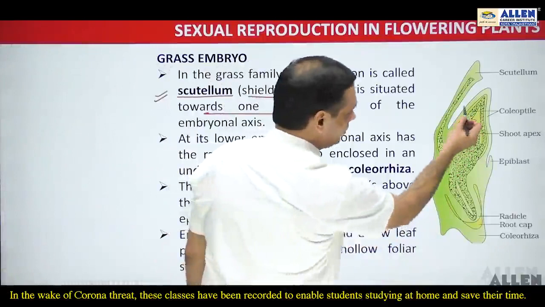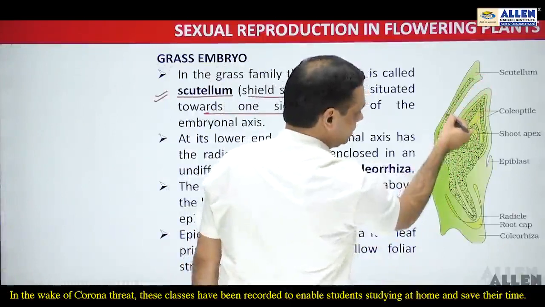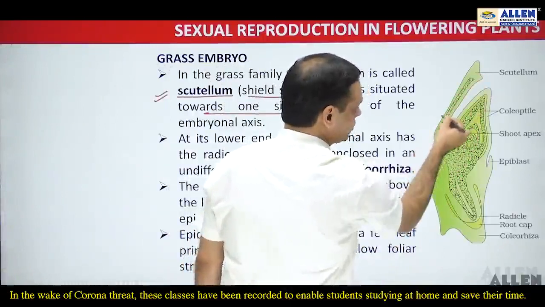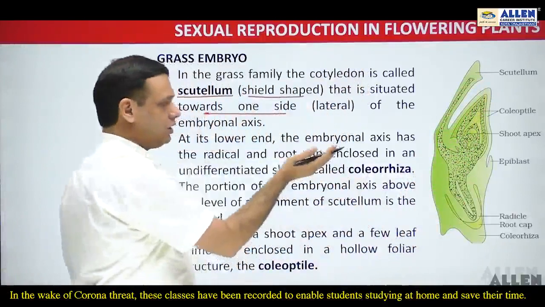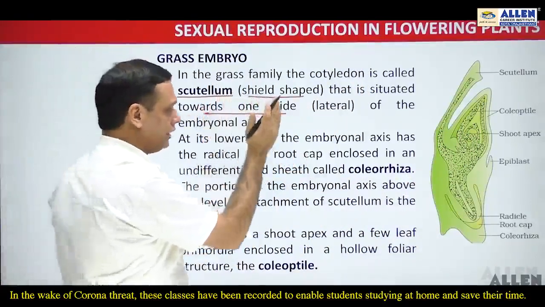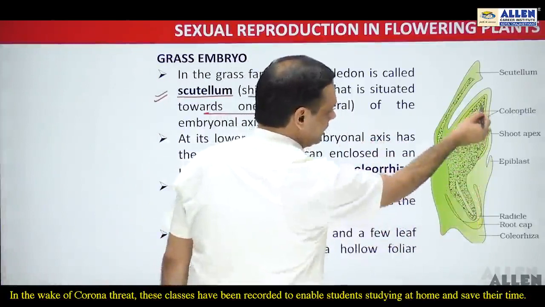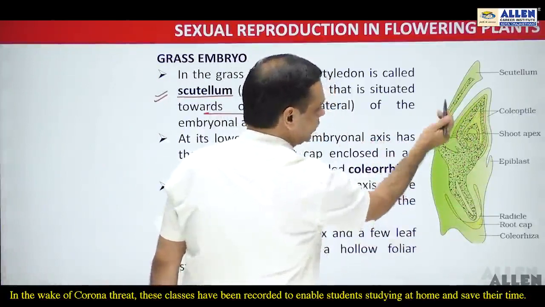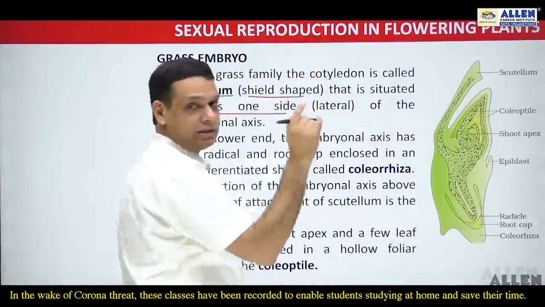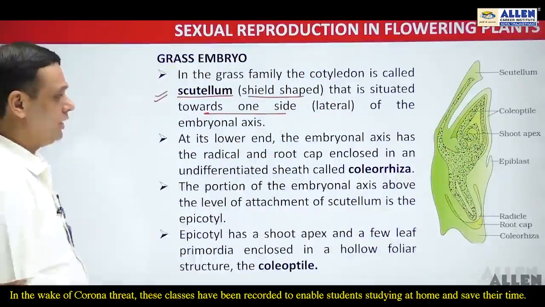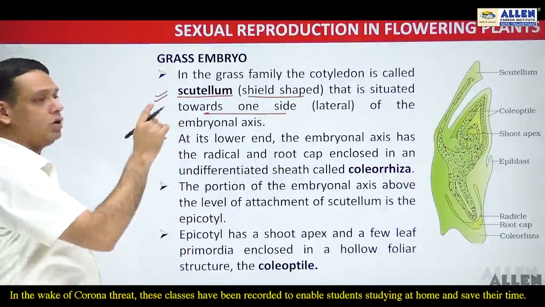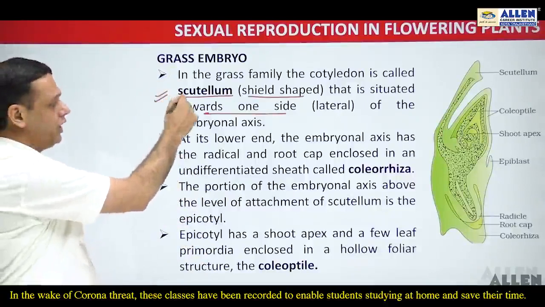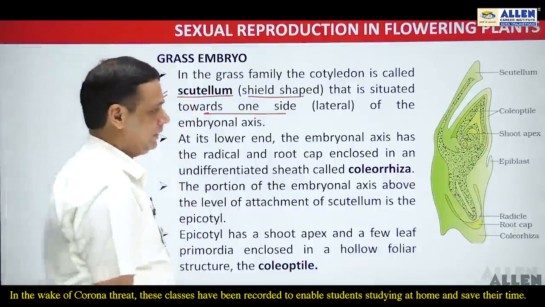See in this diagram, this is the scutellum, present only on the single, lateral side of this embryonal axis. So the single cotyledon present in the grass embryo is known as scutellum.